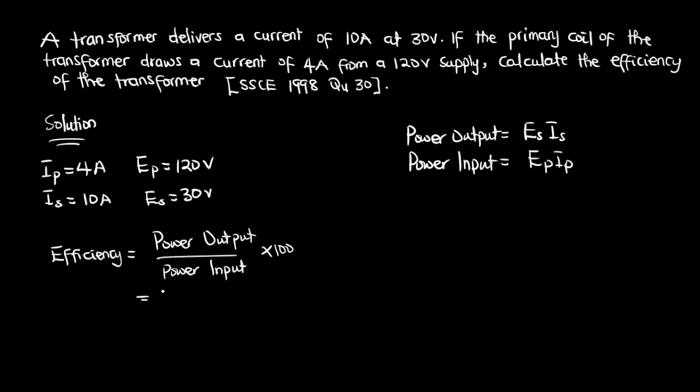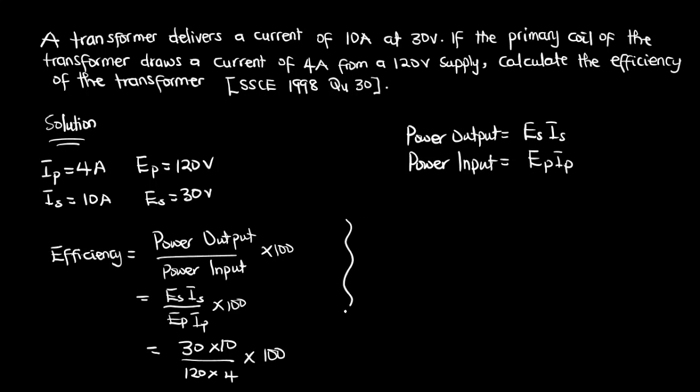So this is basically ES IS over EP IP multiplied by 100, right? So this is equal to our ES is 30, so we have 30 multiplied by our IS is 10, then divided by our EP is 120 multiplied by our IP, which is 4, then all multiplied by 100.